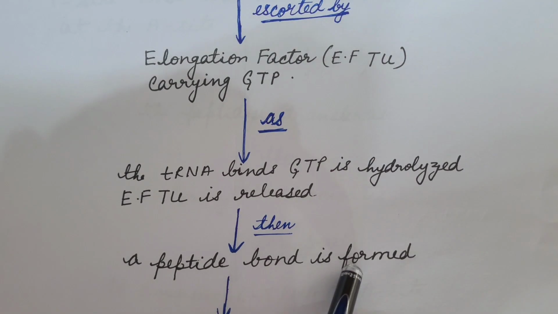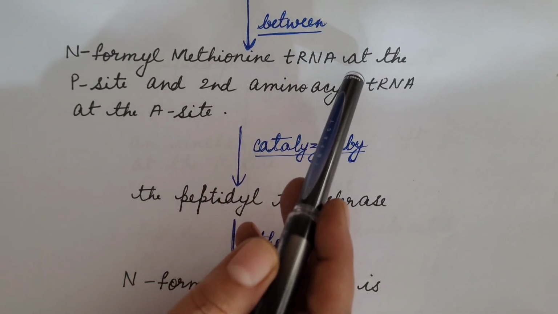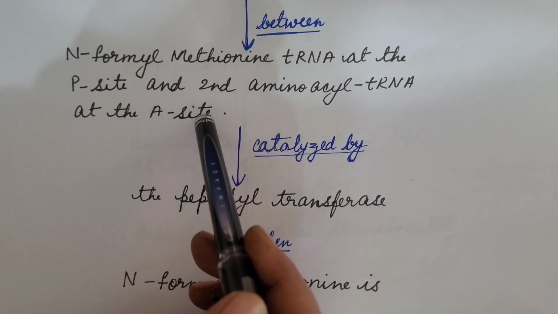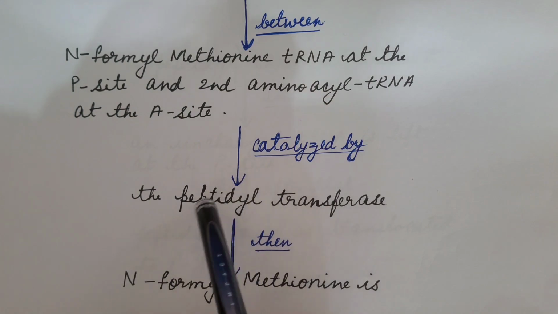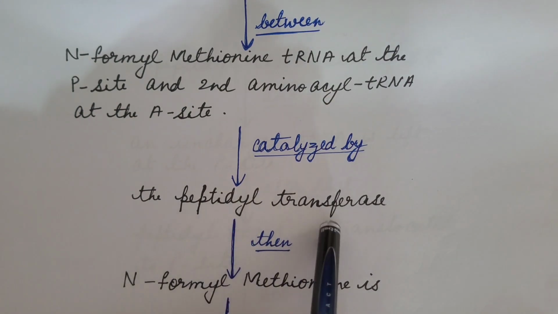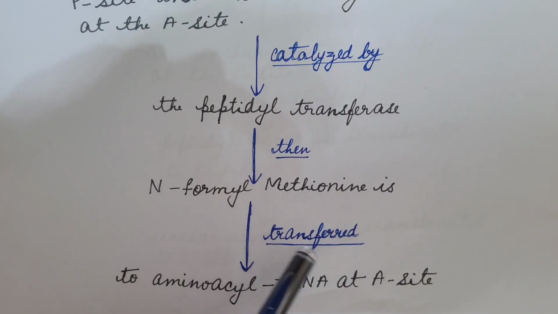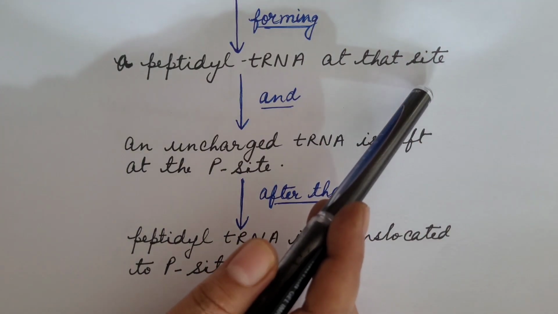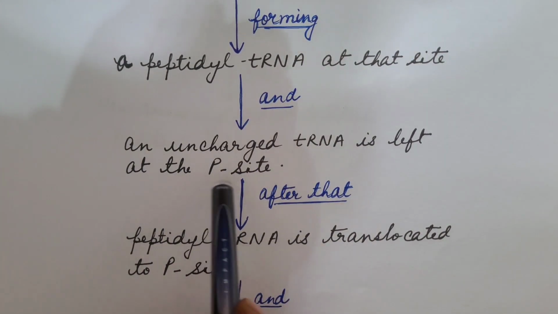Then a peptide bond is formed between N-formyl methionine transfer RNA at the P site and the second aminoacyl transfer RNA at the A site, and this peptide bond formation is catalyzed by the peptidyl transferase. Then N-formyl methionine is transferred to the aminoacyl transfer RNA at the A site, forming a peptidyl transfer RNA at that site, and an uncharged transfer RNA is left at the P site.